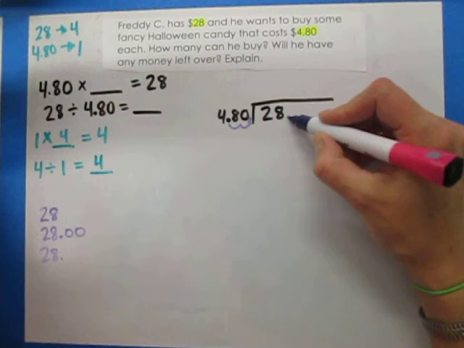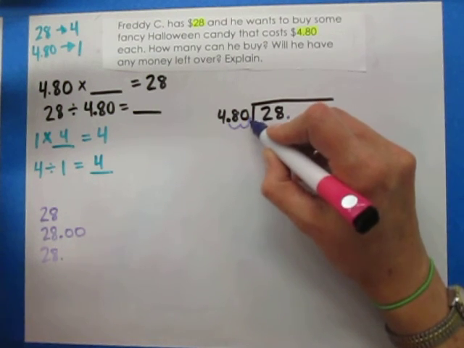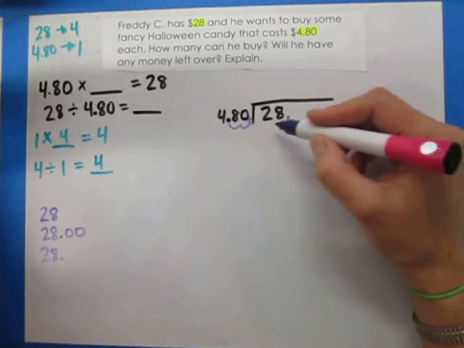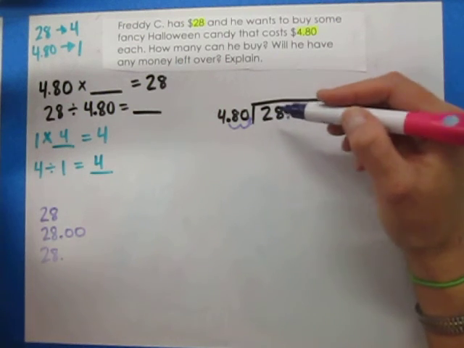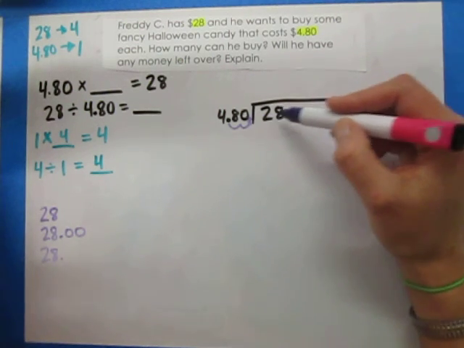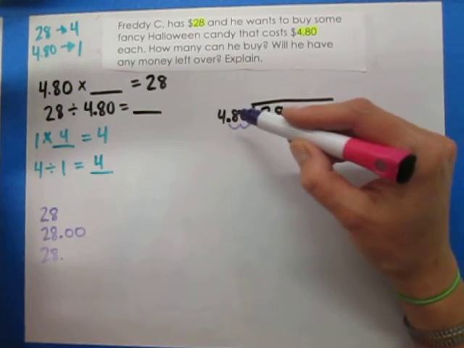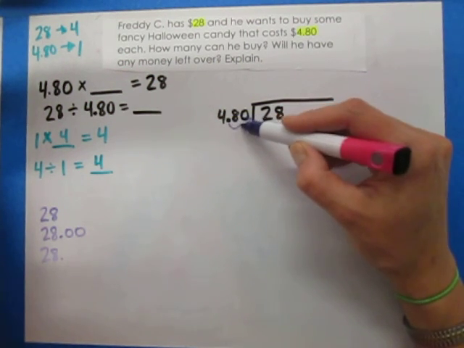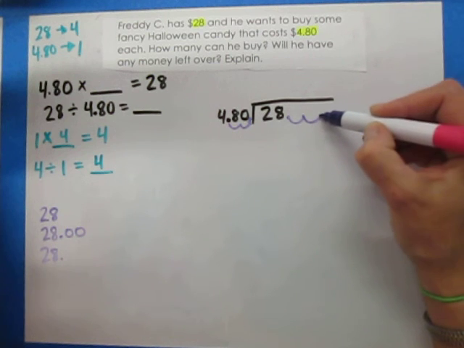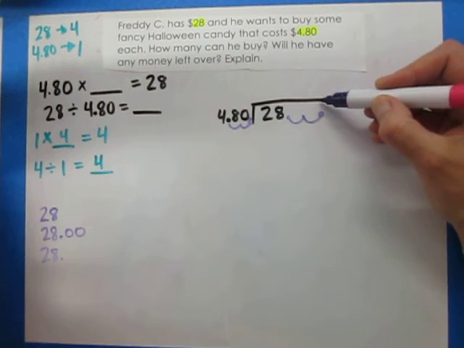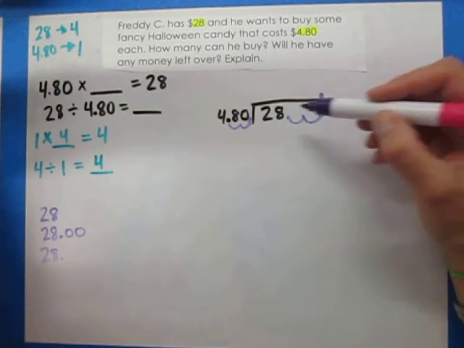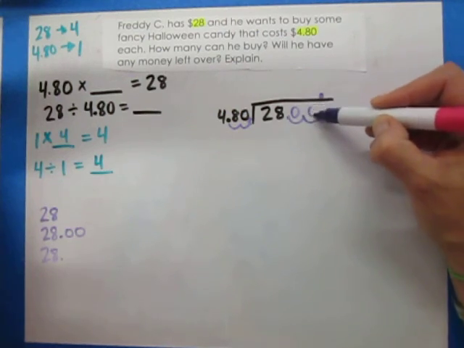So you know the decimal, since it moved twice here, will always move the same amount. Now, it doesn't matter where the decimal is here, it's always going to move the same number of spaces as it did here, and that's always going to be to the end of that number. So that's 1, 2 more, I'm going to bring it straight up to go right there, and then these become zeros.